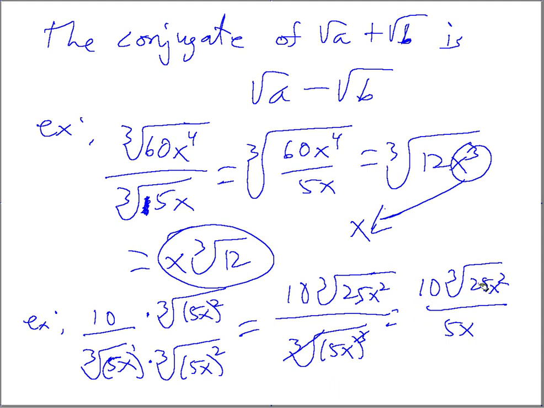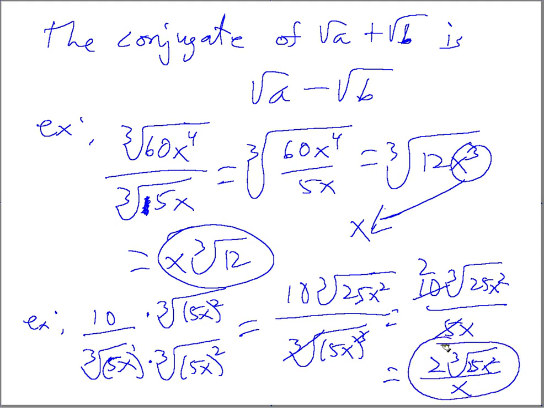So now that's the fraction we have left. I got rid of the cube root on the bottom, but I still have to reduce it because 5 into 10 goes 2 times. So the final answer will be 2 times the cube root of 25x squared, all over just x. All right, can we see that solution there for this division problem? Let's try another one, to give us a better feel for this.